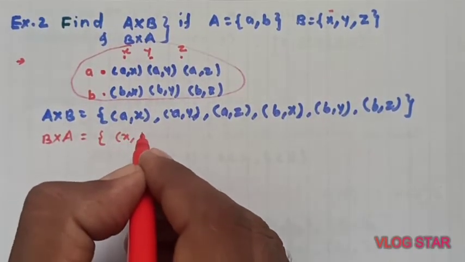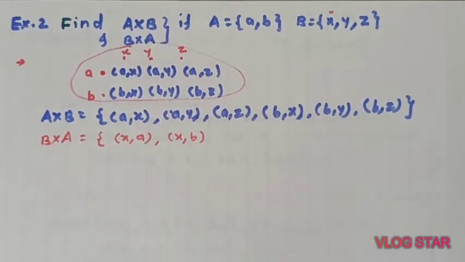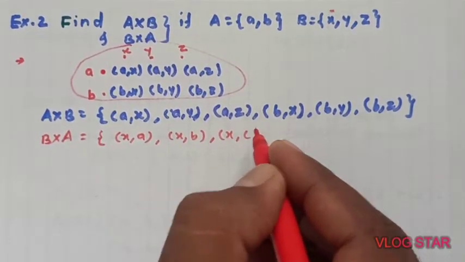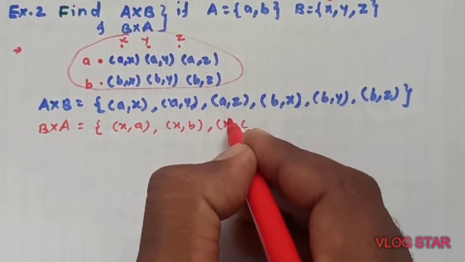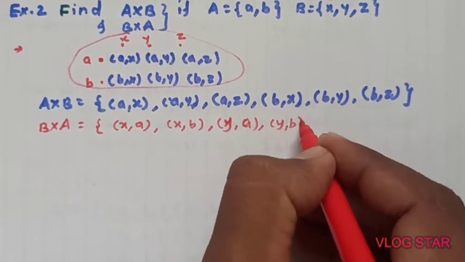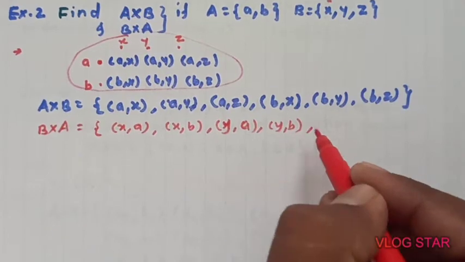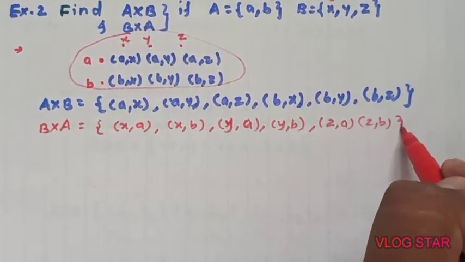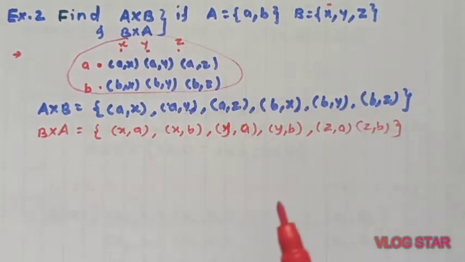So x with a, x with b, then y with a, y with b, so y with both over. Now z with both a, b, z with a, z with b. So like that again we got how many elements? 2 3s are 6 elements.